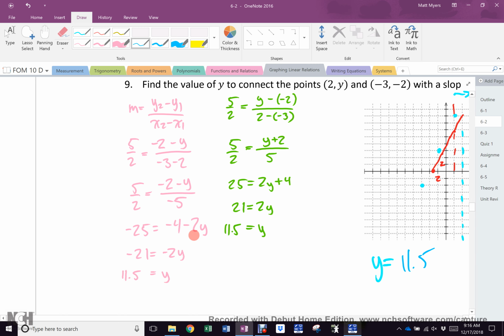And eventually we end up here. 21 equals negative 2y, or negative 21 equals negative 2y. You still do algebra. The point on the y scale exists. Oh, of course it should have been 10.5. Thank you. 21 divided by 2 is 10.5. Thank you, Ethan.